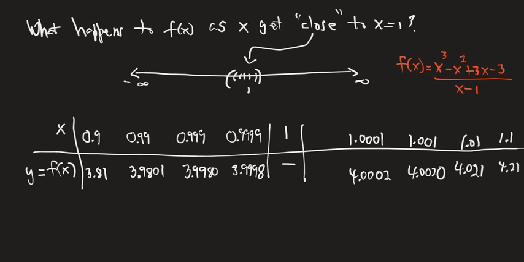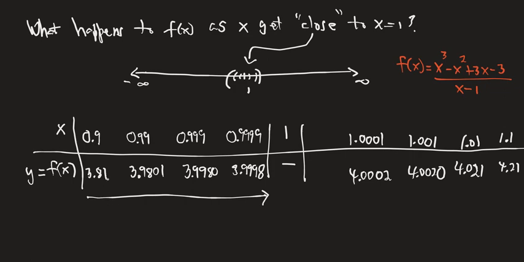Let's take a look at the pattern that we see. So here, when x is less than 1, but is getting closer and closer to 1, look at the y values, right? These y values, as you look at them in this way, they are approaching 4, right?